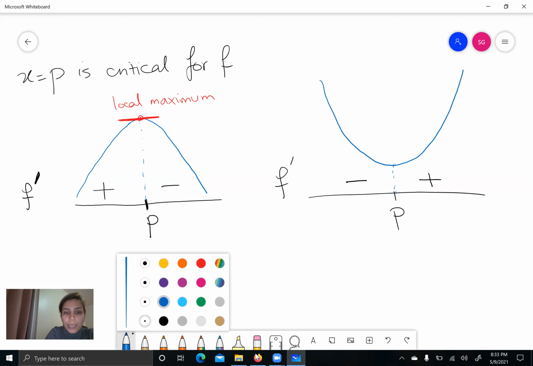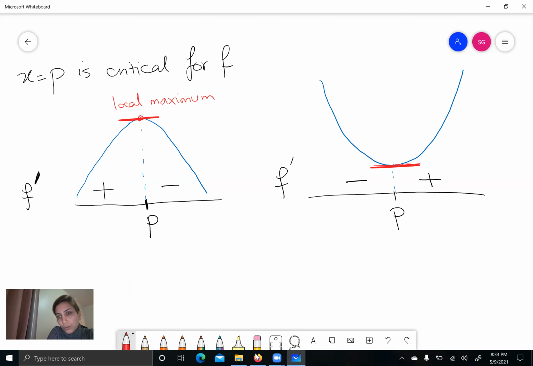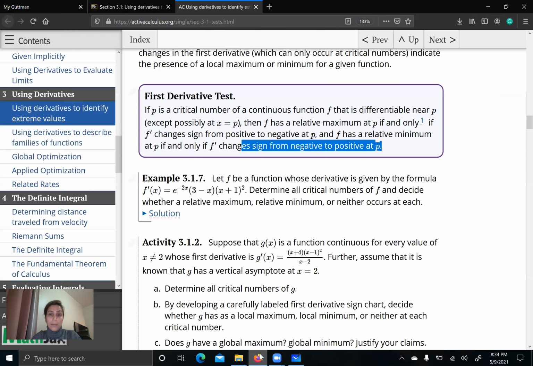So what does it give me? It's going to give me a minimum. So in this situation, you're going to have a local minimum at this critical point. So that's called the first derivative test. We can always look at the first derivative and, depending on its sign, identify whether we have a local max or local min.